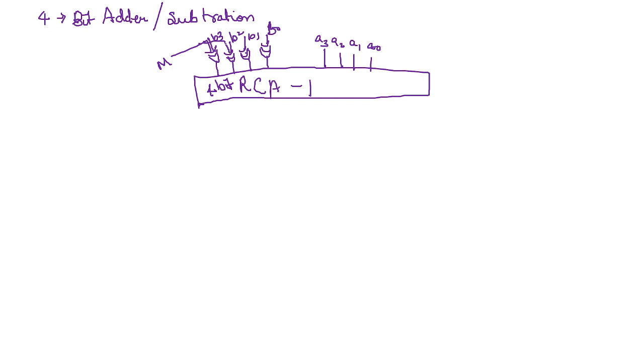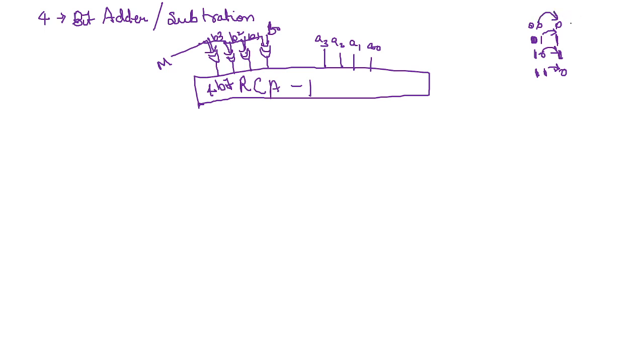Ma'am, why are you using XOR gates? Any reason? Now here you will get 1, 1, 0, 0. If one of the bits is 1, the other bit's complement we are obtaining. 1 means we are obtaining 0. If it is 0, the other bit is the same as it is.